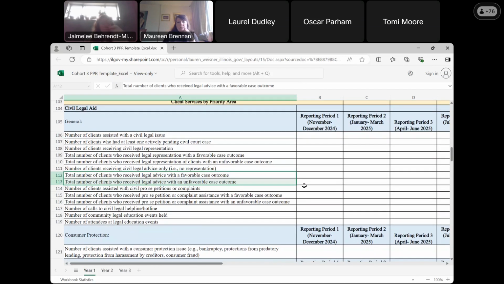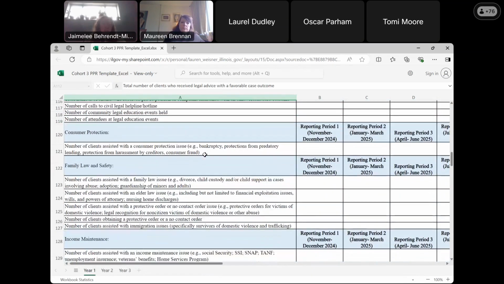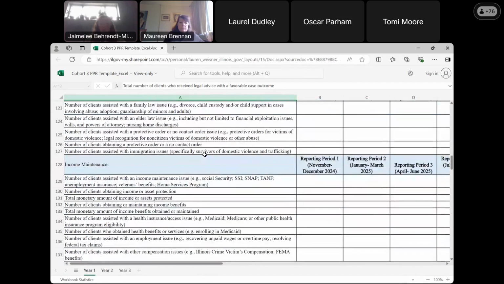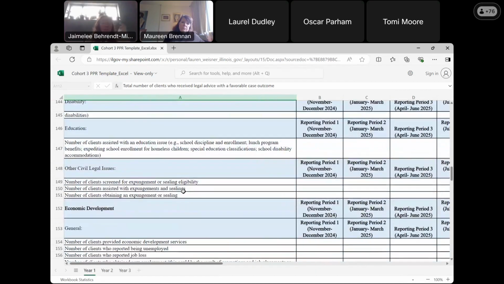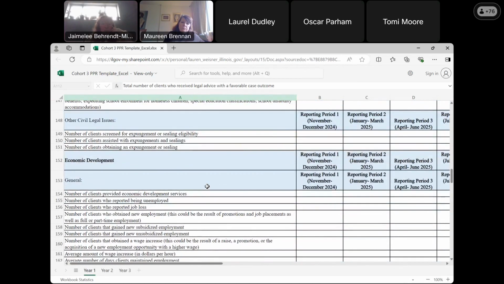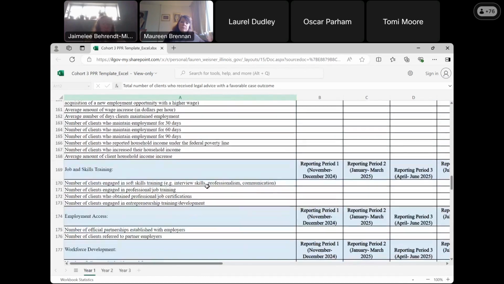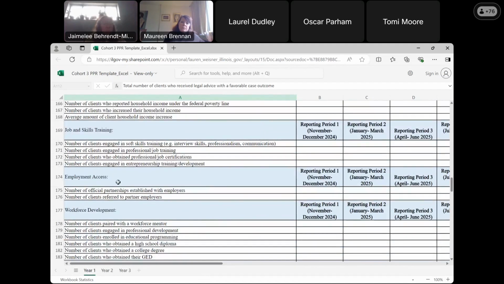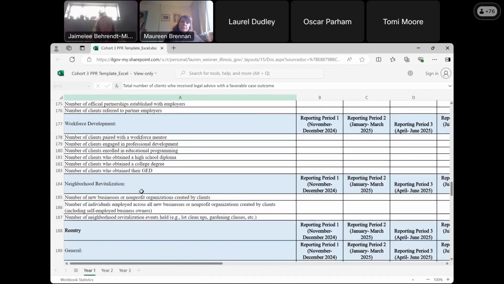And so, for civil legal aid, we have general, consumer protection, family law and safety, income maintenance, housing, disability, education, and then other civil legal aid issues. For economic development, we have divided these into categories of general, job skills and training, employment access, workforce development, and neighborhood revitalization.